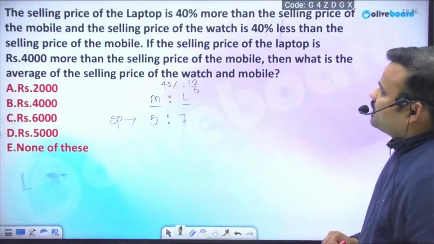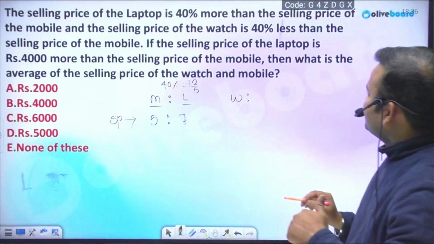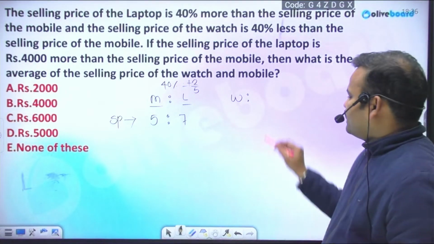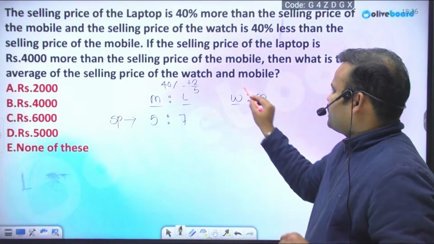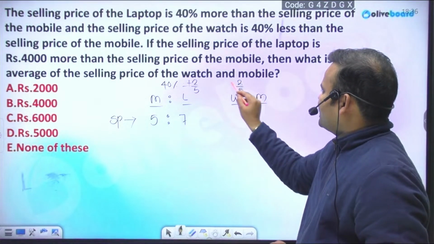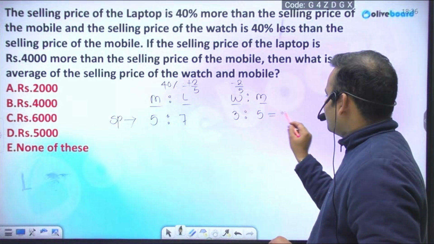And now the selling price of the watch is 40% less than the selling price of the mobile. 40% again is 2 by 5. That is 2 by 5 less, means 5 and 3. Even this is the selling price.